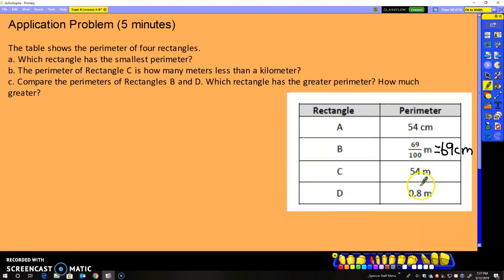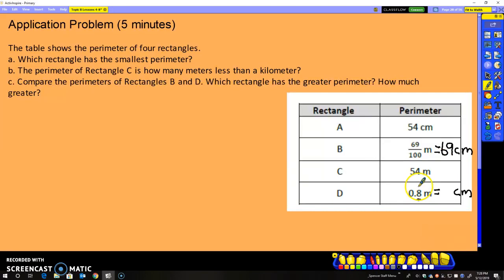Alright, let's move on to this one that's in decimal form, D. I have 0.8 of a meter. 8 tenths. That 8 is in the tenths place. Remember, we're trying to convert everything to centimeters. Right now I have 8 tenths.